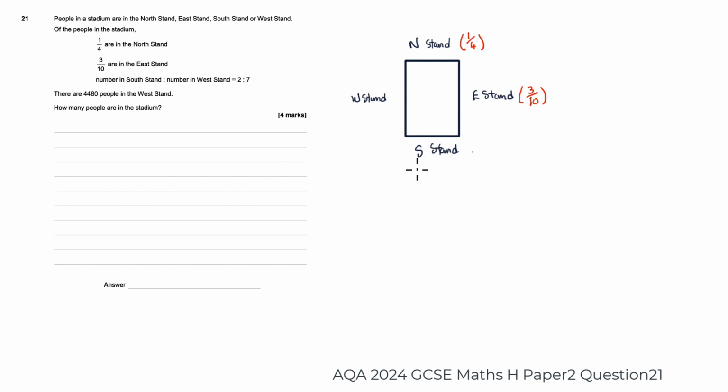So 2 parts down here, 7 parts up here. 2 parts to 7 parts. And then the final piece of information that we're given is the total number of people in the west stand is 4,480.